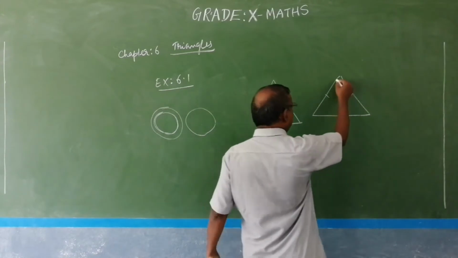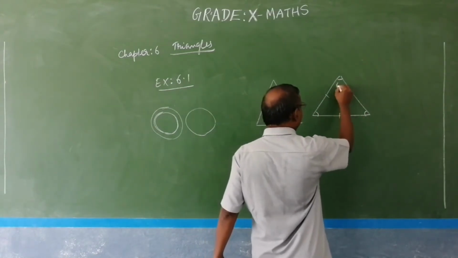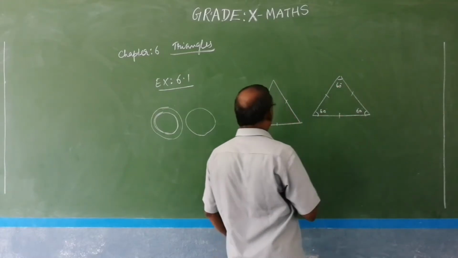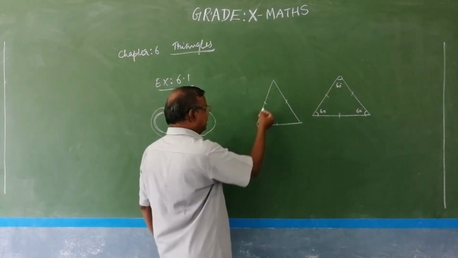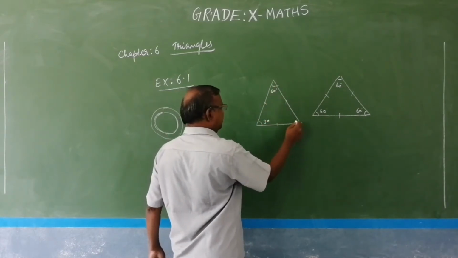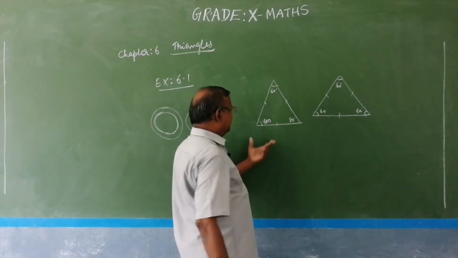We clearly say all the angles in an equilateral triangle are 60 degrees only, but in isosceles we cannot say, it may be 60 and 30 or 40 and 80, something else.